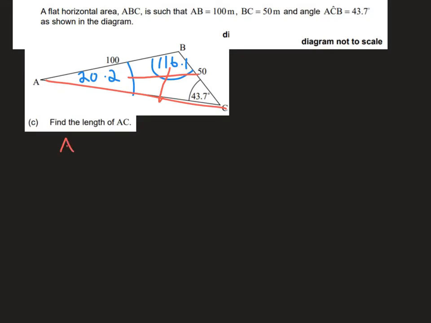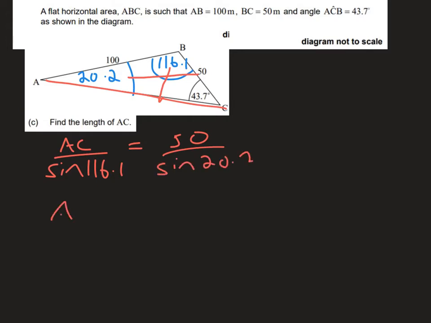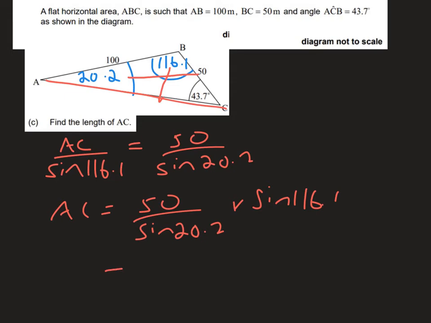So we have AC divided by the sine of the angle opposite it, 116.1, and that ratio is the same as 50 divided by the sine of the angle opposite it, which is 20.2. Therefore, AC equals 50 divided by sine 20.2 multiplied by sine 116.1, and if we work that out, that gives us an answer of 130, correct to 3 significant figures.